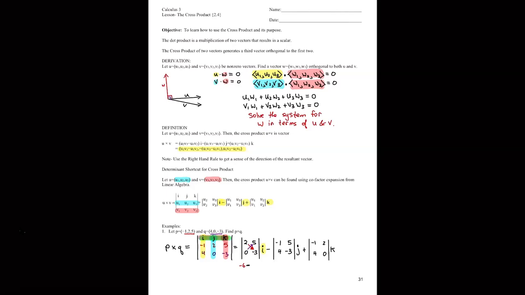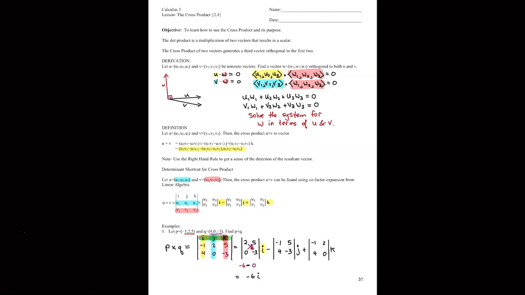The main diagonal starts on the upper left and goes to the bottom right. The other diagonal, the only two remaining values are 0 and 5. So multiply those values. The result is always subtraction. -6 minus 0, -6. So I have -6i.